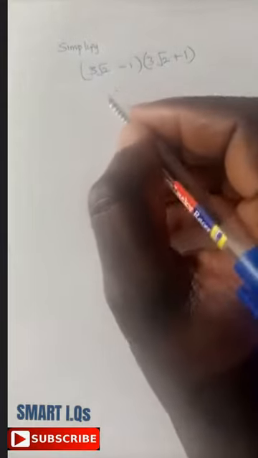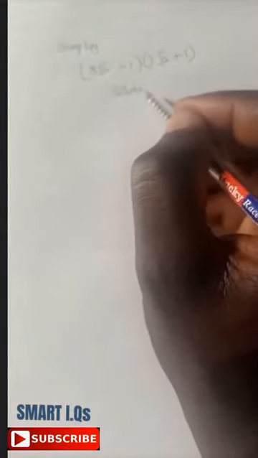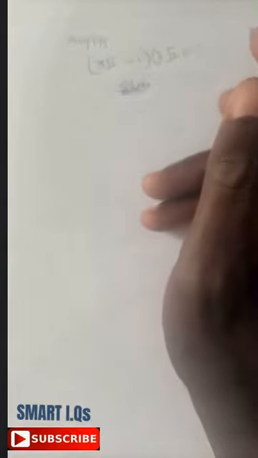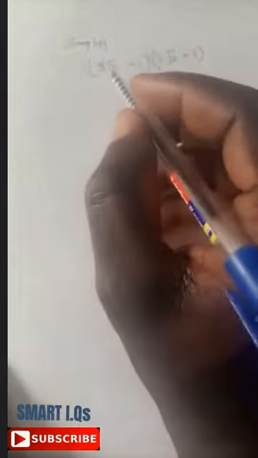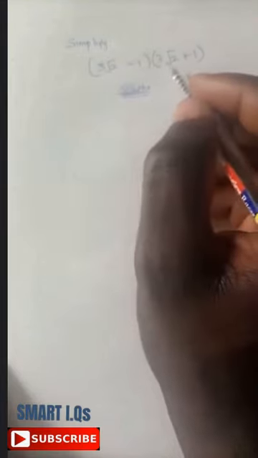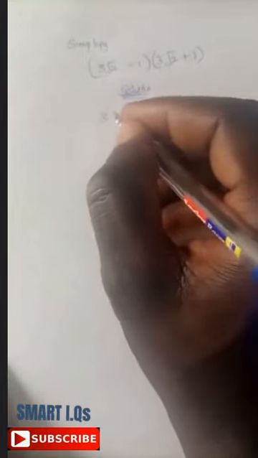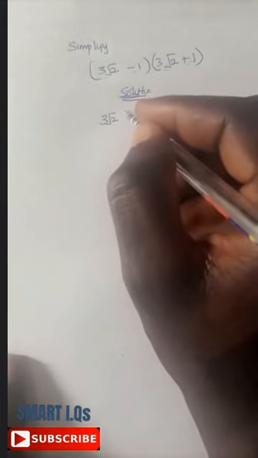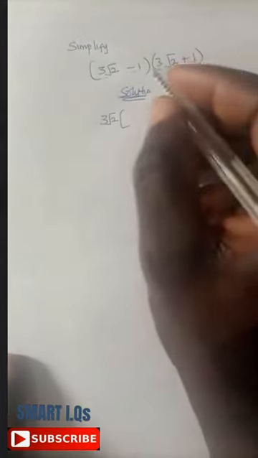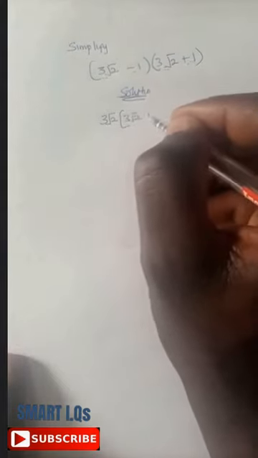Now the solution, as simple as possible. So what do we do? Take this to multiply this, take this to multiply this, then this and this. That means we have 3 root 2 multiplied by the whole of 3 root 2 plus 1.